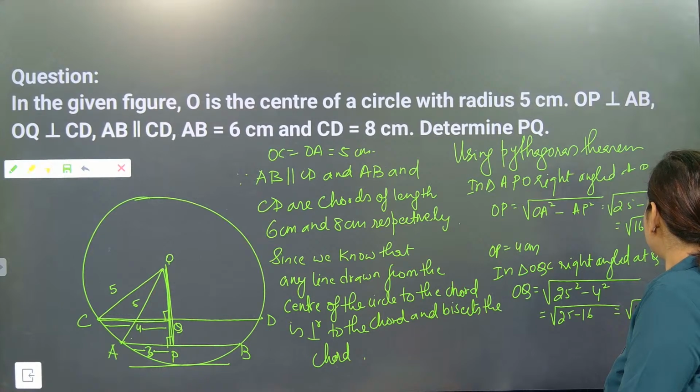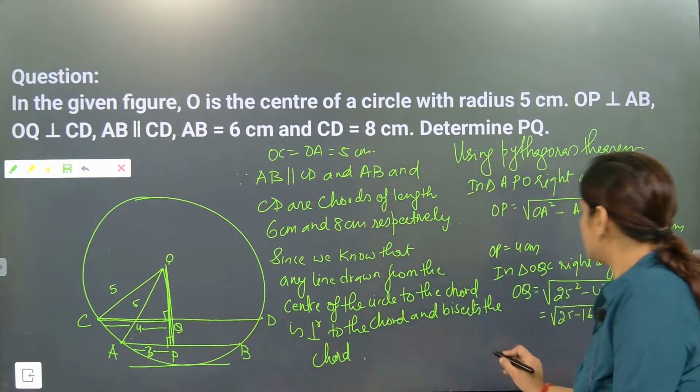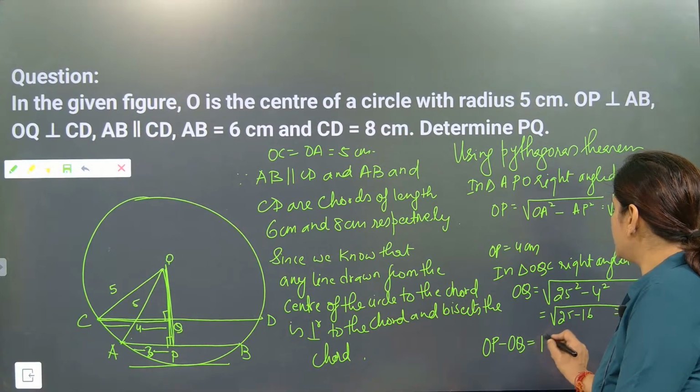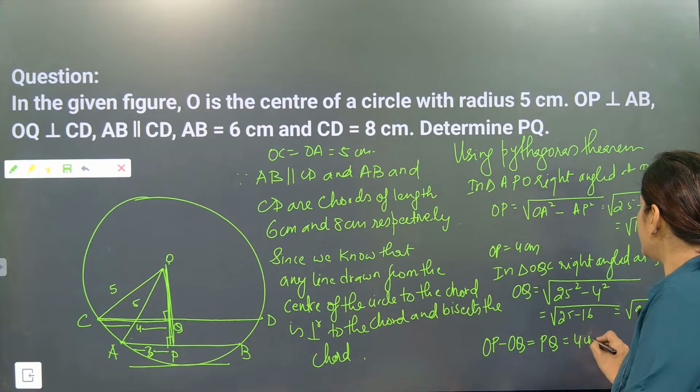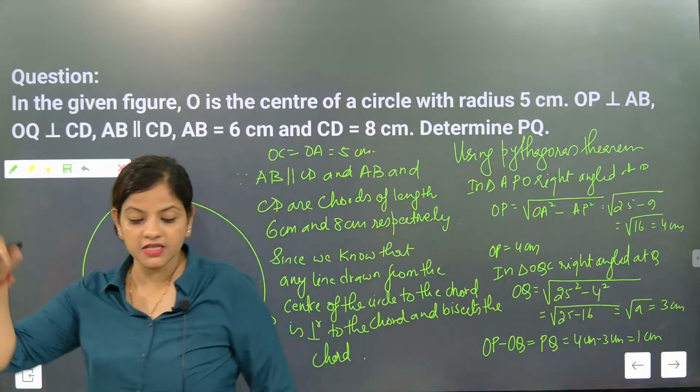Root under 9 is 3 centimeter. We have to find the PQ distance. So OP minus OQ is equal to PQ, that is 4 centimeter minus 3 centimeter equal to 1 centimeter. So the distance PQ is coming as 1 centimeter.